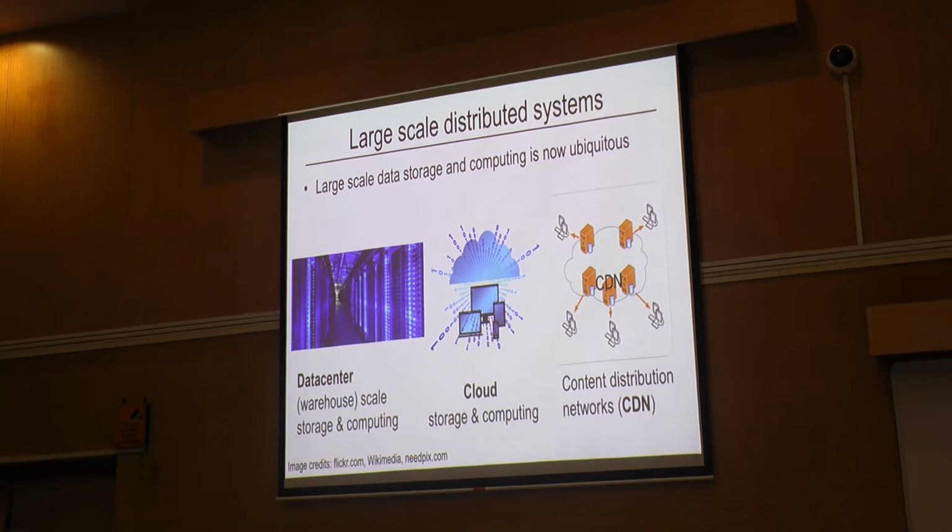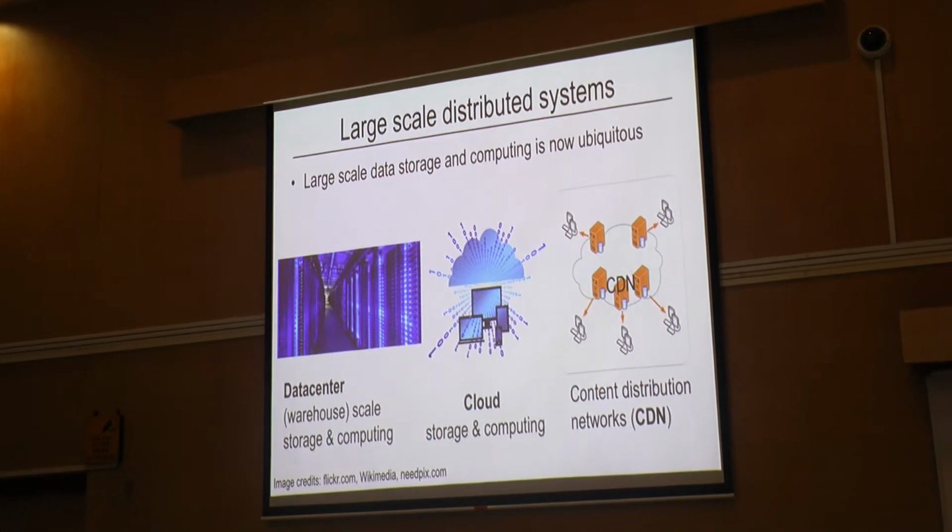And also now, a lot of this data storage and computing is moving into the cloud. So it's kind of consolidating, and those systems are getting bigger and bigger. And also, on the other side, there are truly geographically distributed systems like content distribution networks, which take content from content providers and deliver it to the end users by having systems at various geographical locations and then serving users nearby.